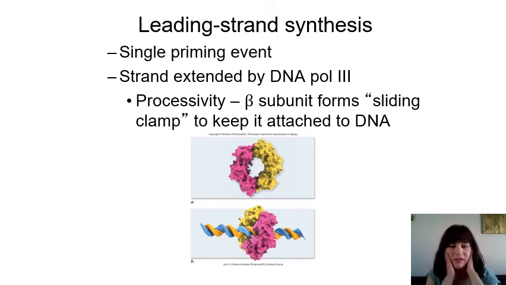And what this does is this helps keep the DNA polymerase from falling off, so it just keeps doing its job. It's called processivity, basically how long the polymerase stays on the DNA as it's copying it before it lets go. So this beta subunit of the polymerase acts as a clamp, or a sliding clamp, to encourage processivity.